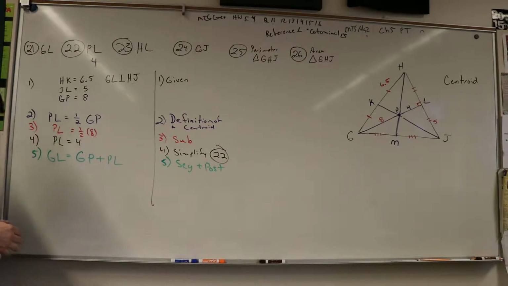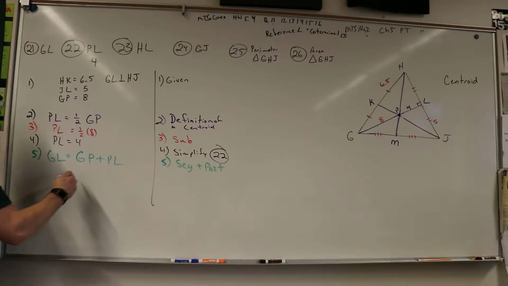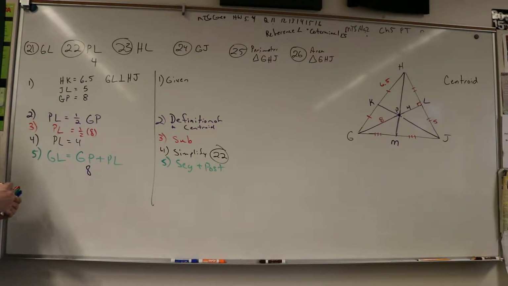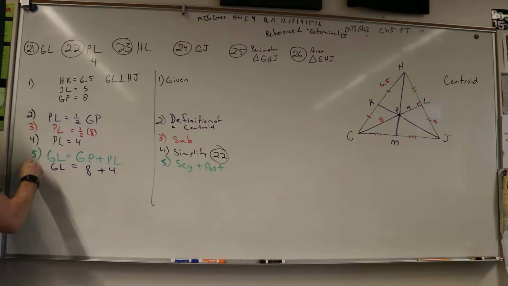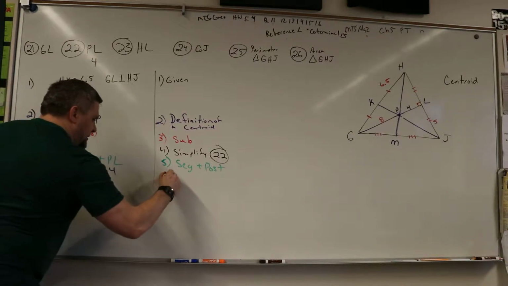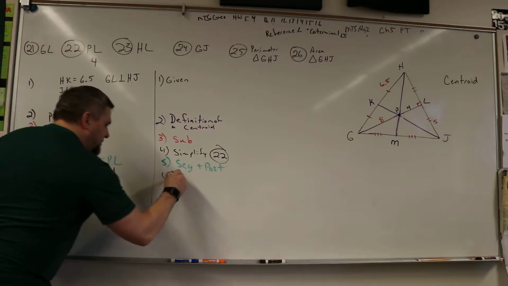Okay. So then, what's GP? 8. What's PL? 4. And so GL is equal to 8 plus 4. That's substitution, isn't it?